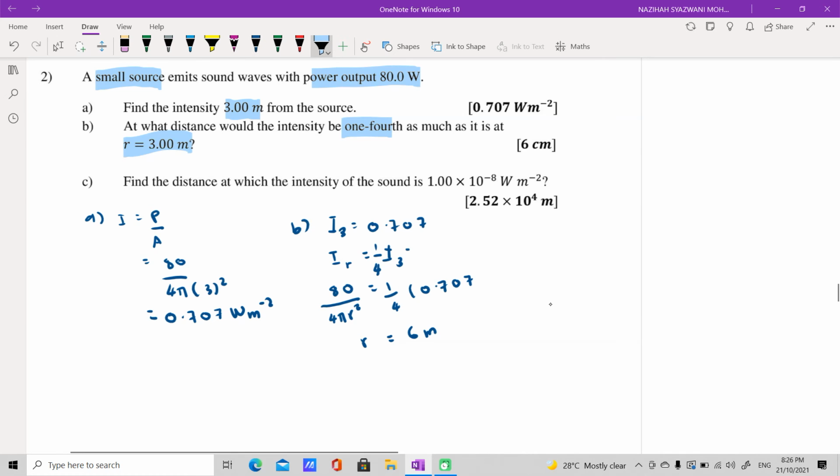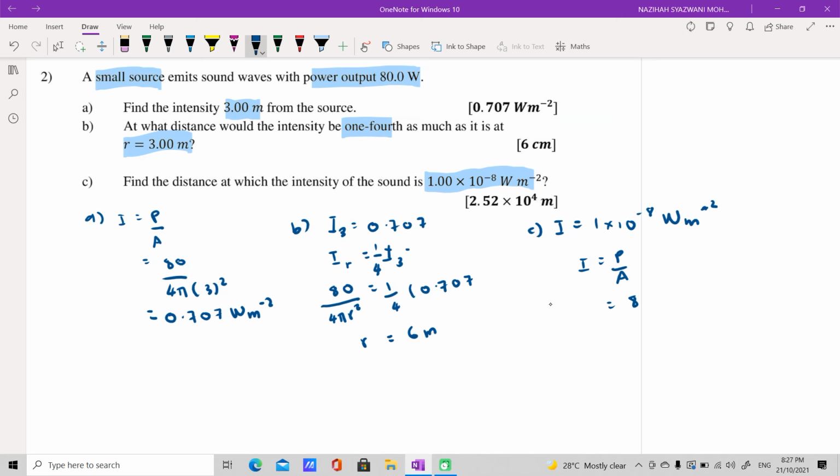And last but not least, find the distance at which the sound intensity is 1 times 10 to the power of negative 8 watts per meter square. So for part C, the intensity is given. I equals P over A, so again the power is 80, and this is 4 pi r square.